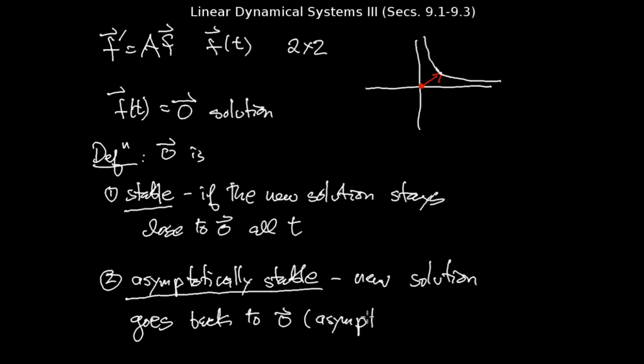It goes back to 0 asymptotically. And what that means is, I'll draw this on the next slide a little bit bigger, that as t goes to infinity, you get closer and closer to 0, but you don't actually get to 0 in any finite time.